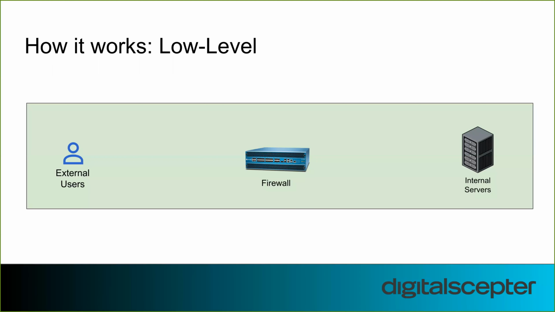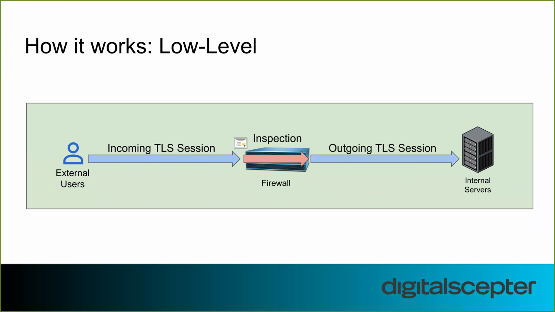So at the low level, essentially what's happening is you load that certificate on the firewall. That's the same certificate that your internal servers would be using. And then when the outside users create a TLS session to the internal server, the firewall intercepts it, terminates the TLS session, inspects all the traffic, and creates a second TLS session going back to the internal server.